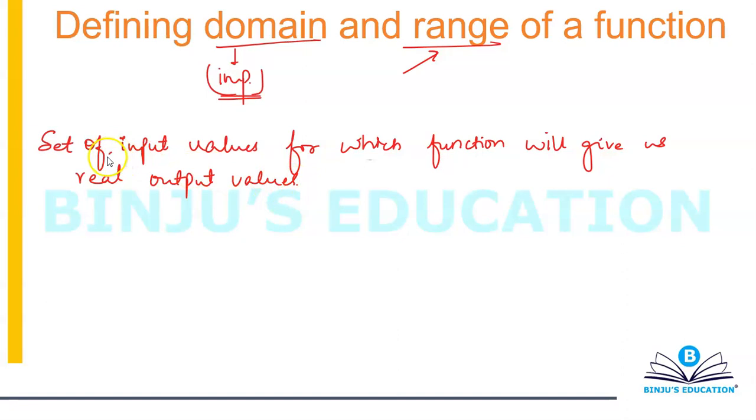Or let's add the word real for input values also. So it's basically the set of those real input values for which the function will give us real output values. This is the simplest way of defining the term domain.